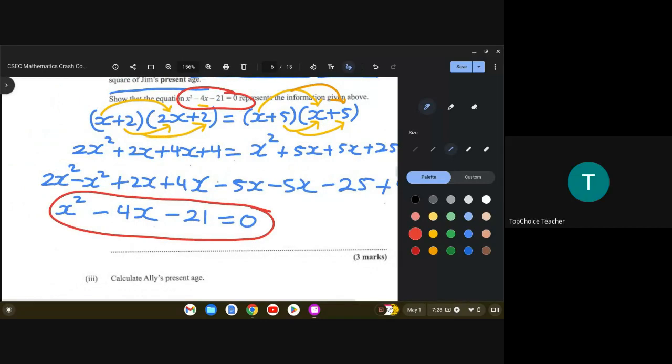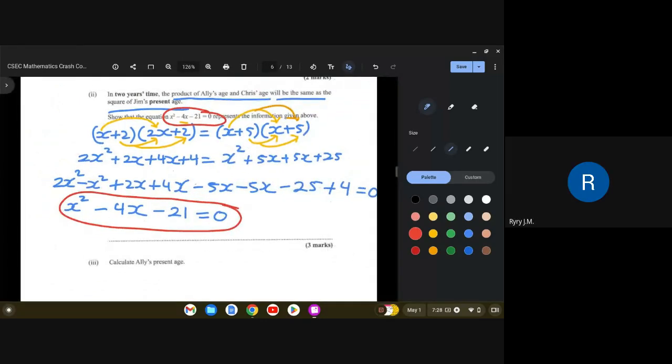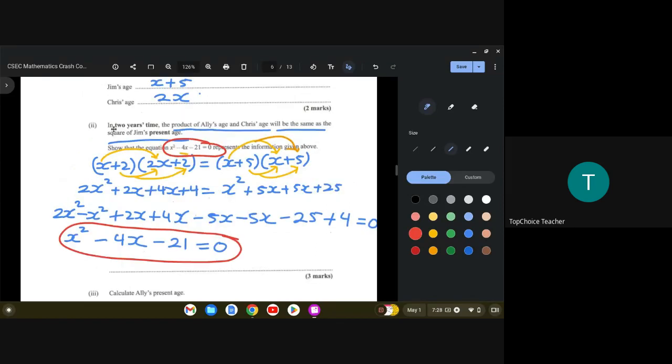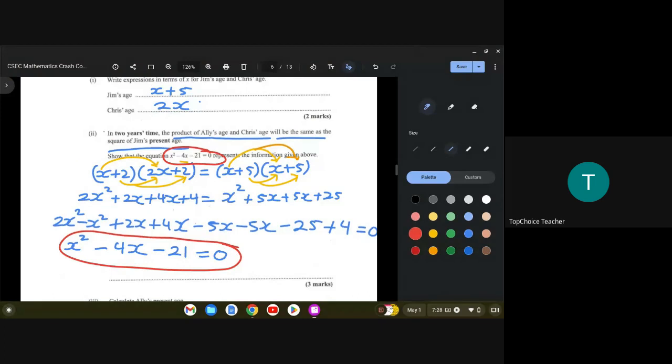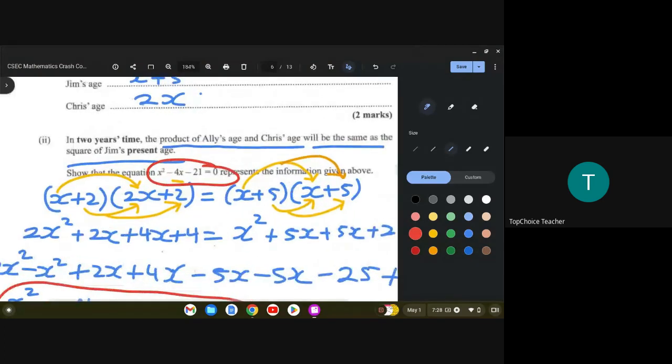Sir, could you elaborate on how we got the x plus 2 again? Whose age were we adding? Which x plus 2 is that? No problem. Up here, in 2 years' time, they told us Ali's age and Chris's age, they want us to multiply these children's ages in 2 years' time.